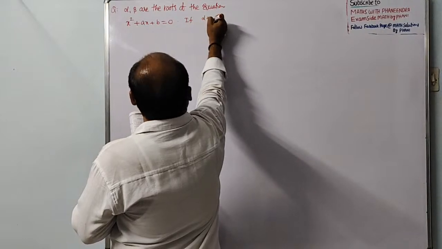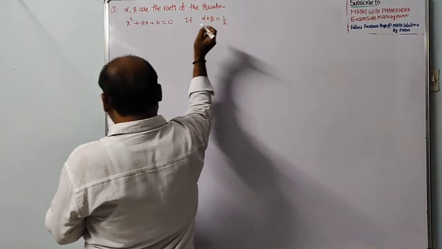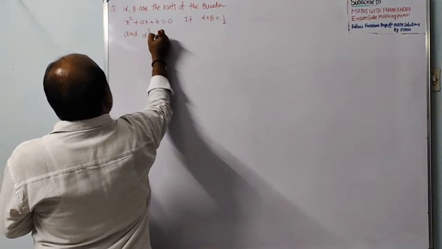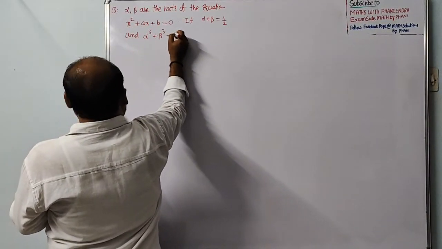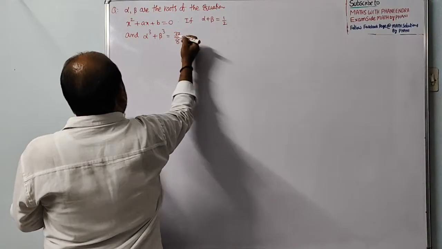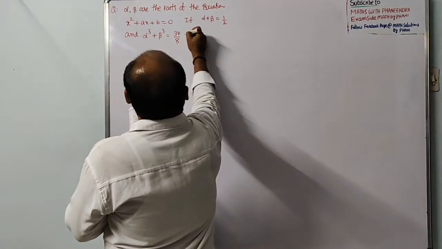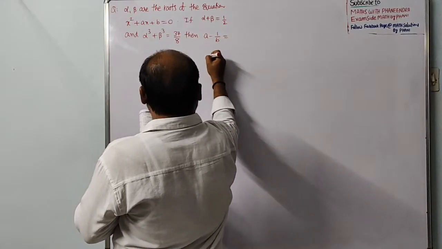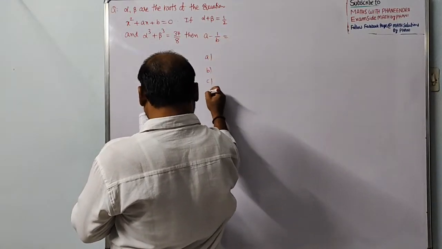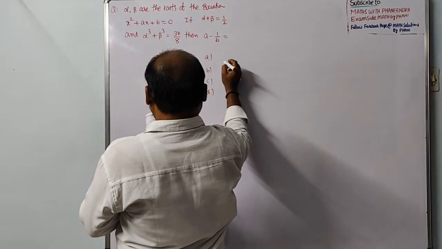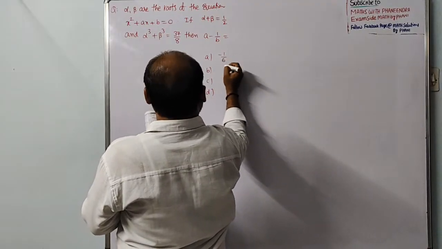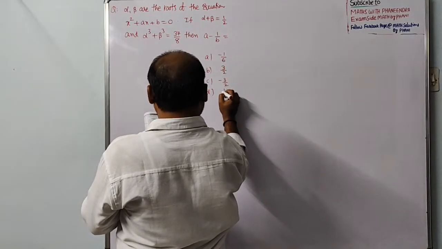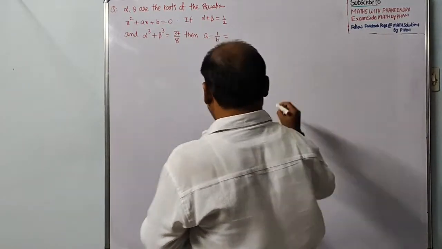If α + β = 1/2 and α³ + β³ = 37/8, then a − 1/b equals: options −1/6, 3/2, −3/2, 1/6.